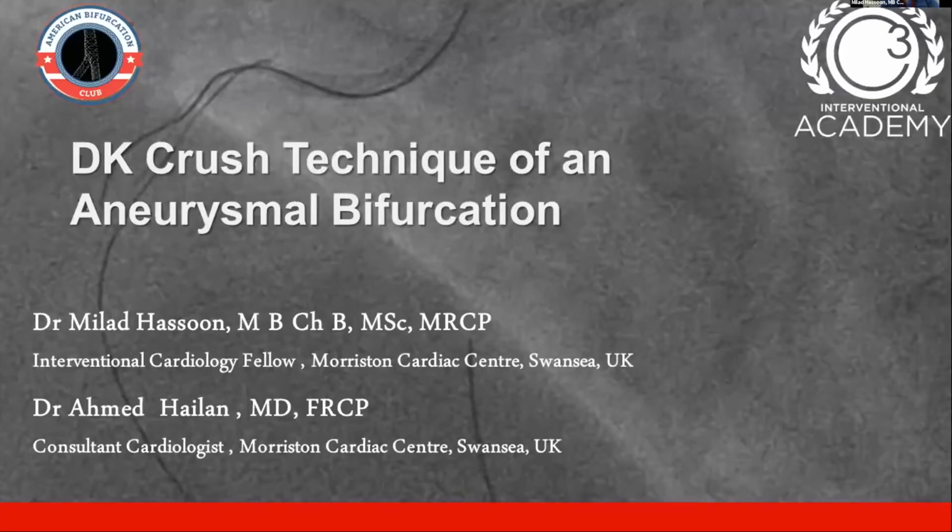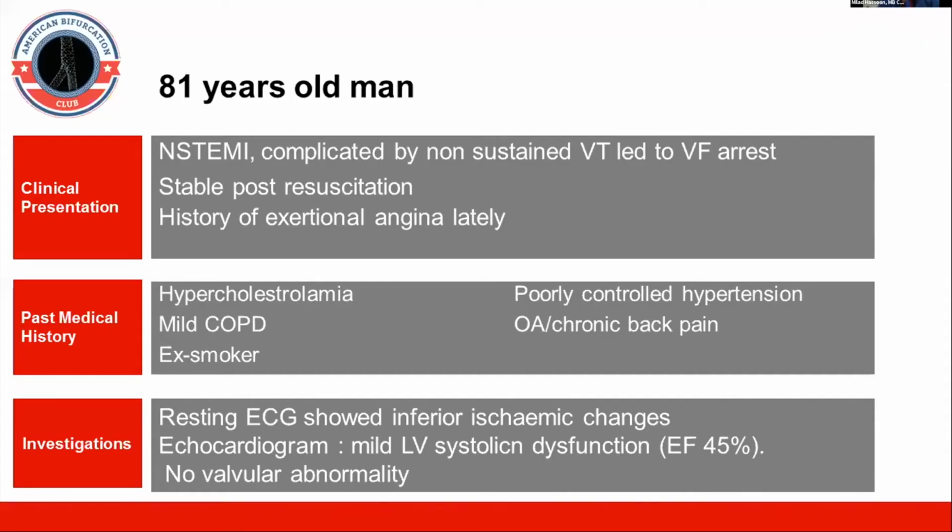My name is Milad Hassoon from Marsden Cardiac Center. I'm presenting this case of DK crush of an aneurysmal bifurcation, also on behalf of my colleague and consultant, Dr. Hayman. We have an 81-year-old gentleman who presented at the end of last year with NSTEMI, and his initial admission was complicated by VT, which is an ischemic-driven degenerative VF arrest.